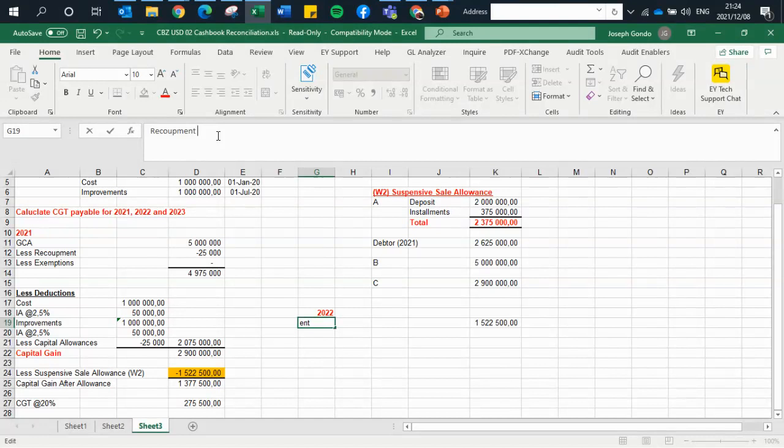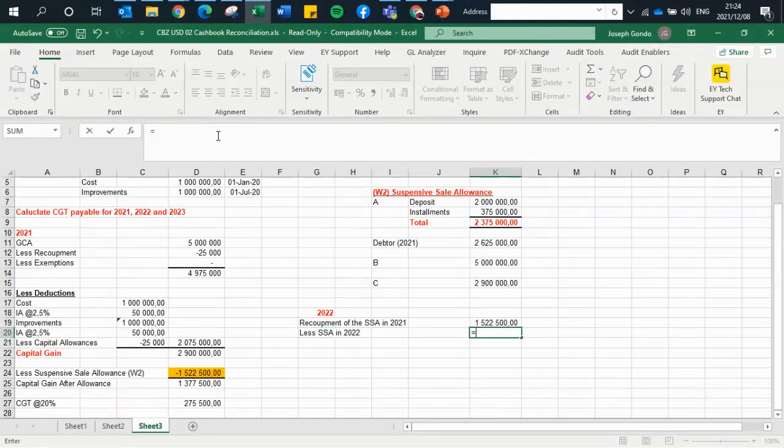So we say recoupment of the suspensive sale allowance in 2021. Okay. Then we say less suspensive sale allowance in 2022.